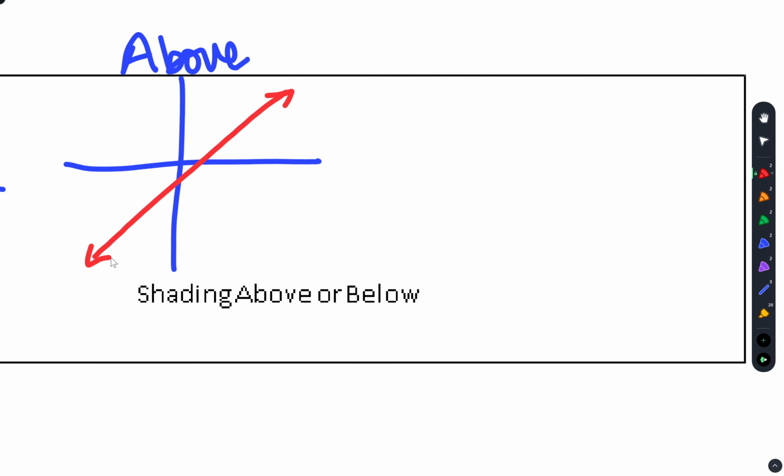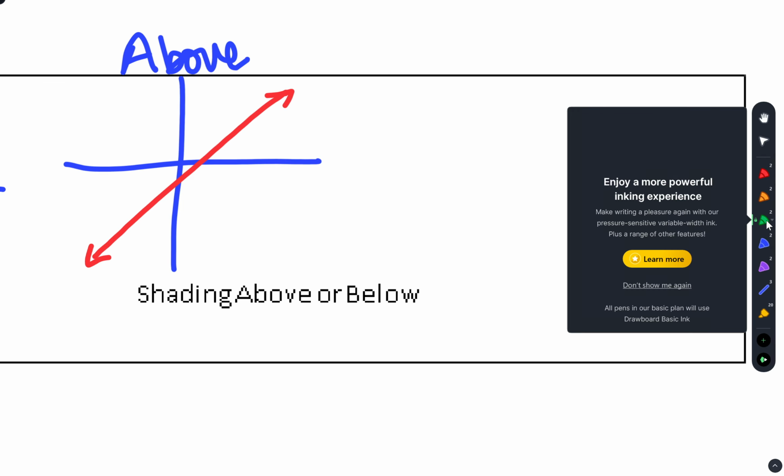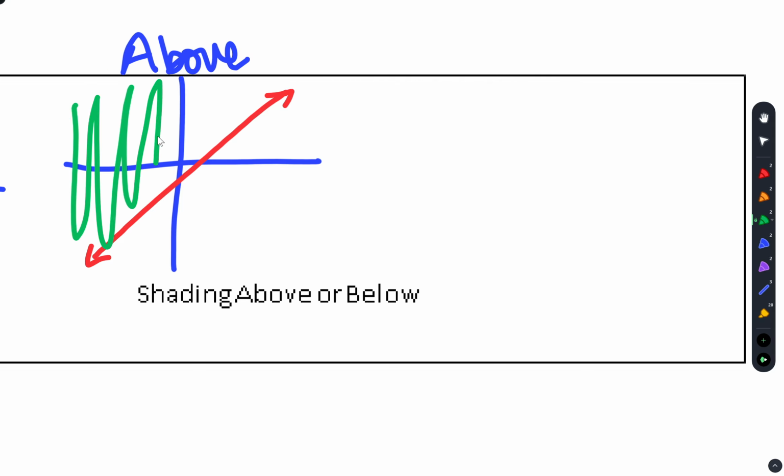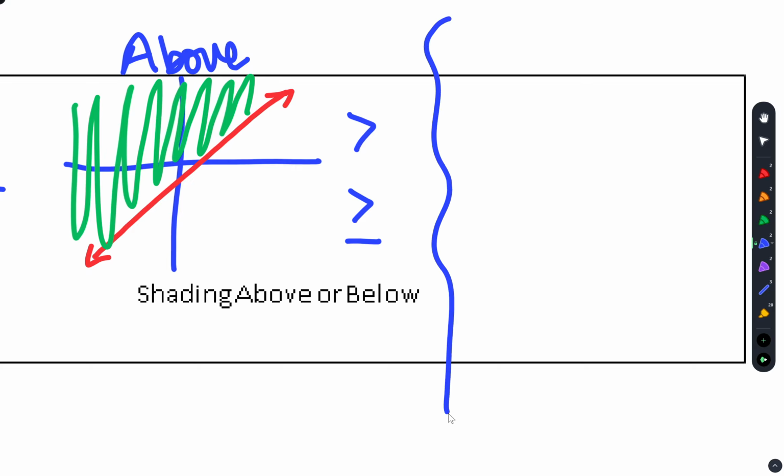Think about if you dropped a marble on this line, what side would it hit? Obviously, it wouldn't hit the bottom of this line. That would be anti-gravity. It would hit the top of this line. That is the above portion. And we are going to shade above my graph anytime I see greater than or equal to. So if it's greater than or equal to, we shade above my line.